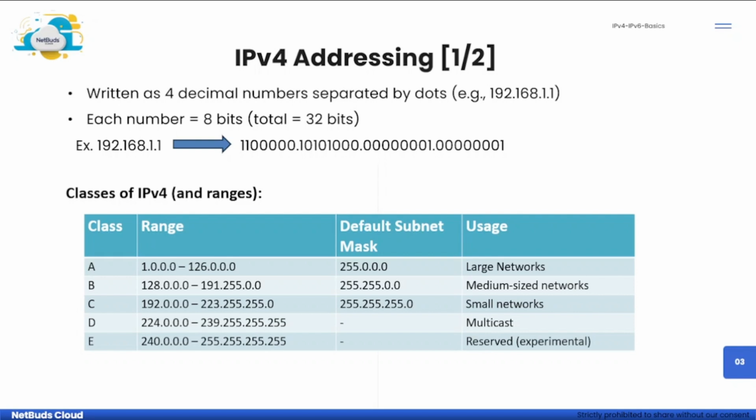And let's talk about the range for multicast IP addressing, that starts from 224.0.0.0 to 239.255.255.255, and the R&D reserved range starts from 240.0.0.0 to 255.255.255.255.